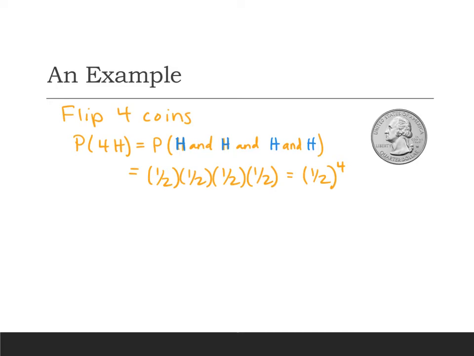Now for 4, it might be quicker to just multiply 1/2 times 1/2 times 1/2 times 1/2, and that's perfectly fine. But if it were 10 coins or 20 coins, then I probably don't want to sit there and type out over and over again, multiplying that out so many times. So raising to a power just helps make that a little bit quicker.